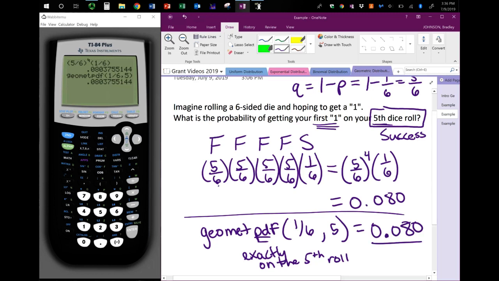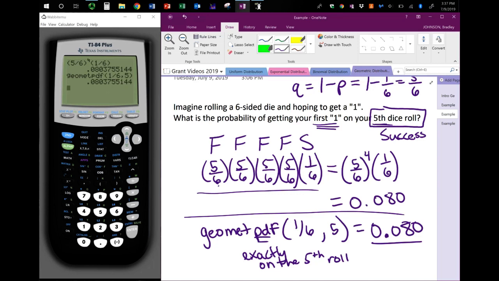So truly, you could multiply them out like we did at first, or you could just simply use geometpdf in your TI-84, or even the 83 calculator follows this as well. But with the 83 calculator, you will not have a menu. You just have to remember the order of probability of success, comma, and then the number you're interested in.